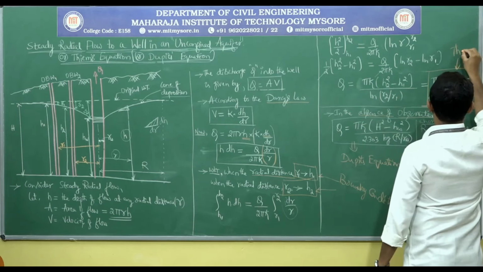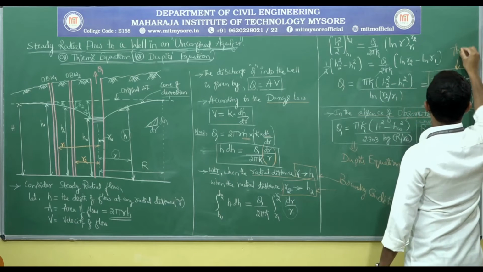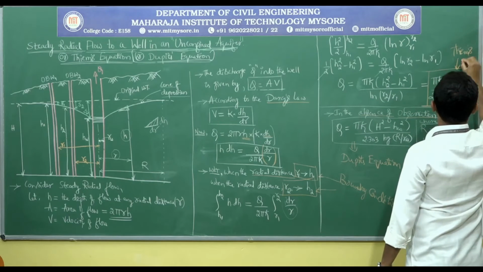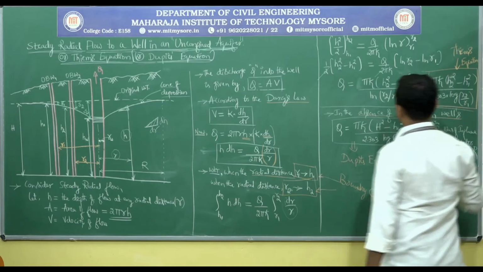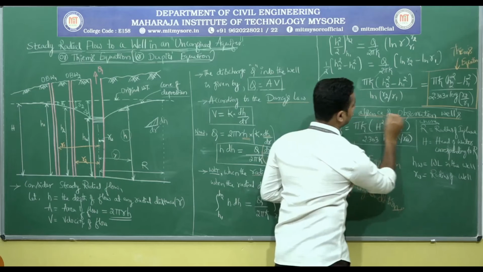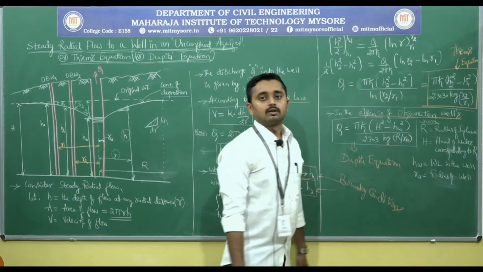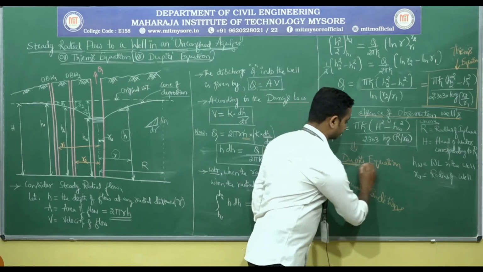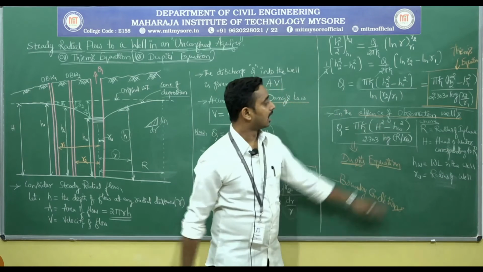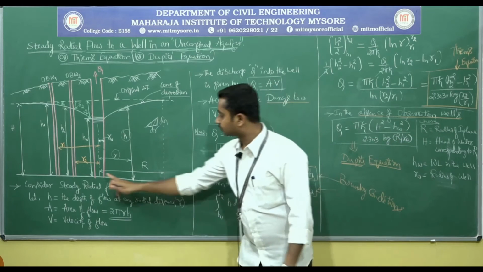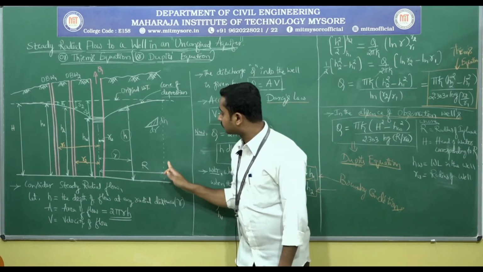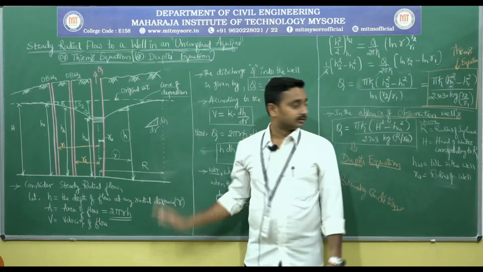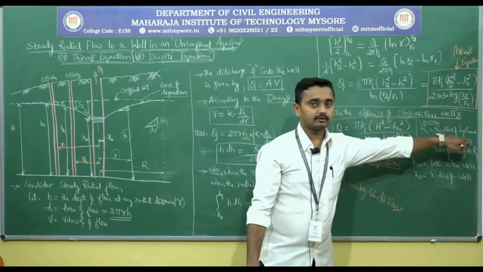If there is no observation well, then this equation is called Dupuit's equation. R is nothing but the radius of influence, from the center of the pumping well to the end of the cone of depression.